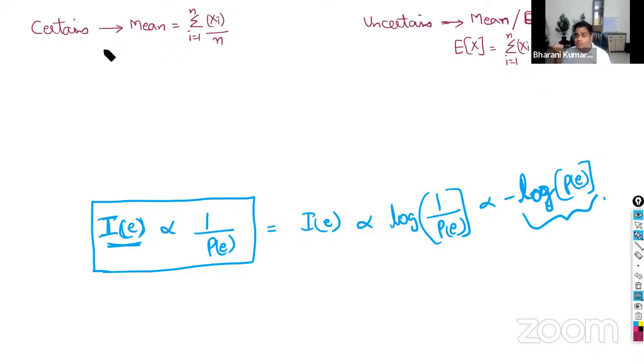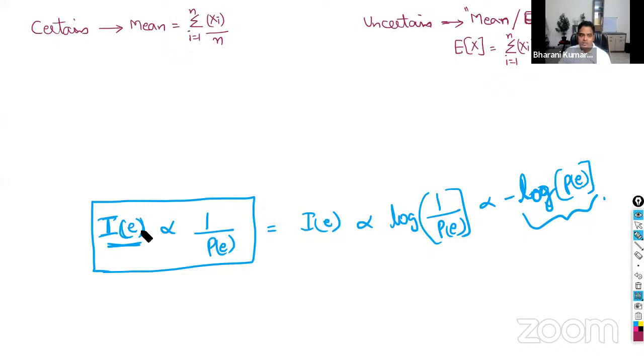On the other side, uncertain means if you invest in TCS stock or Google or Infosys or Facebook, Meta, whatever, then the amount of money that you're going to get back, you're not certain. Since you're not certain, we use mean or expected value.